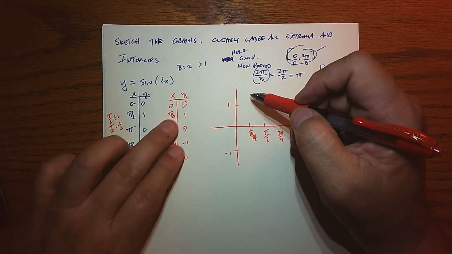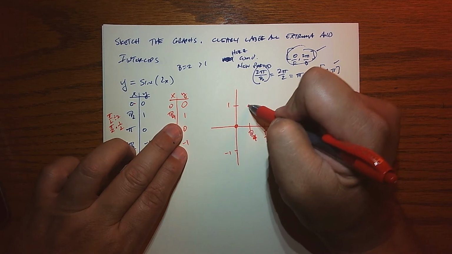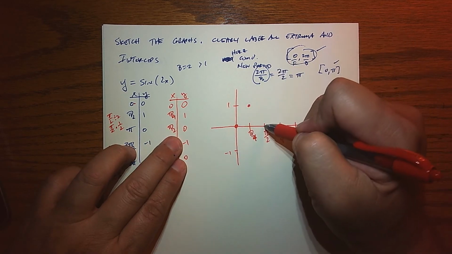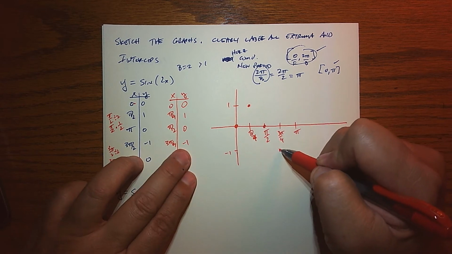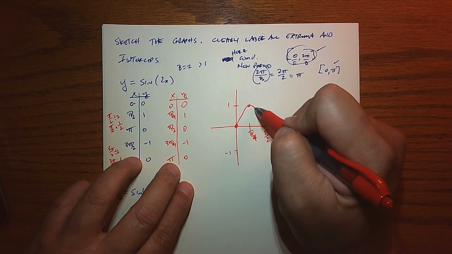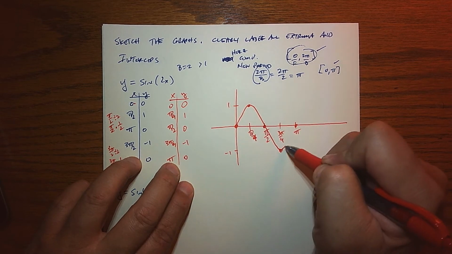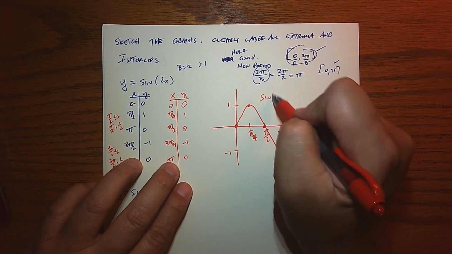On this graph, we start at (0, 0). Pi over 4 is 1. Pi over 2 is 0. 3 pi over 4 is negative 1. And pi is 0. So in red, there would be a graph of sine of 2x.